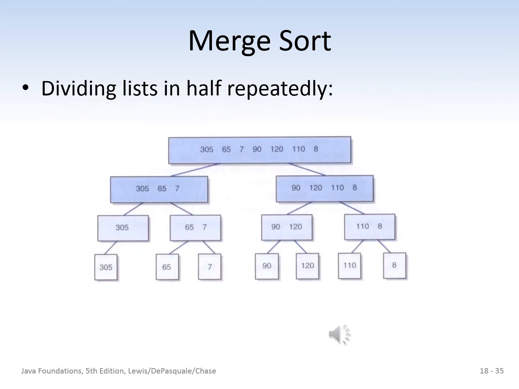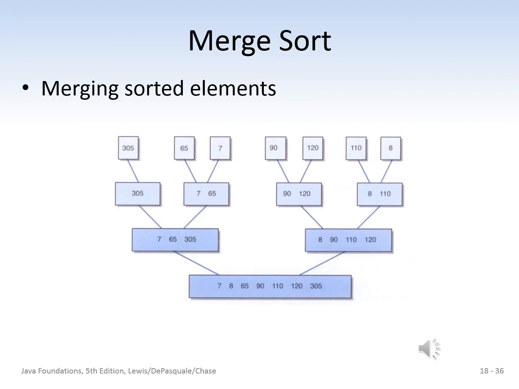This diagram depicts the merge sort's recursive calls to divide lists in half repeatedly until each sublist holds just one element. Then the sublists are reassembled two at a time, and when they're reassembled, they're sorted.